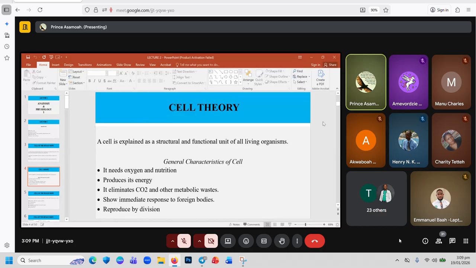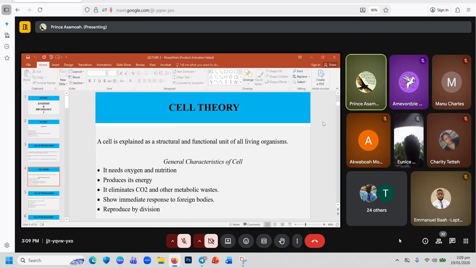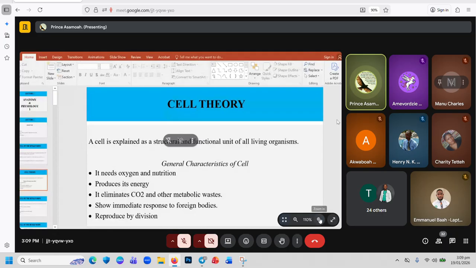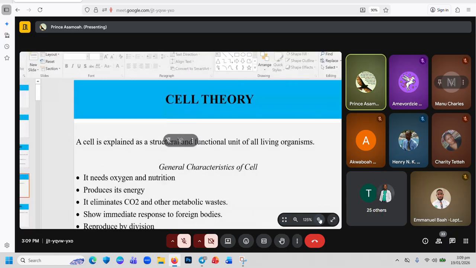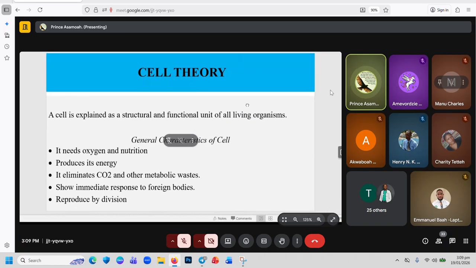Now, let's look at the cell theory. And as we progress, if there is any question, you either jot it down or you ask. You can ask whatever, any of them. Now, we explain a cell.